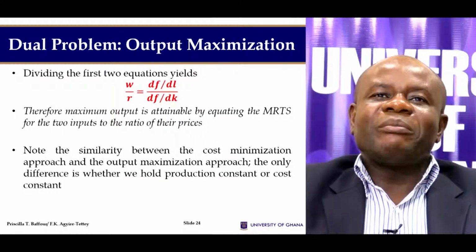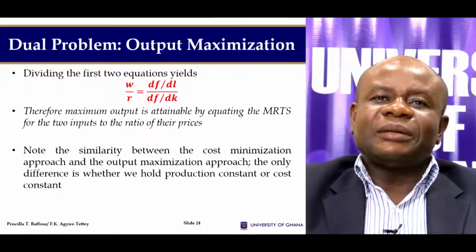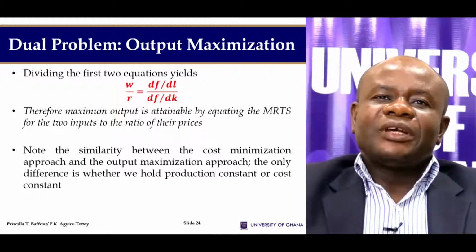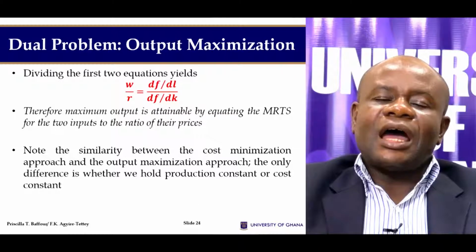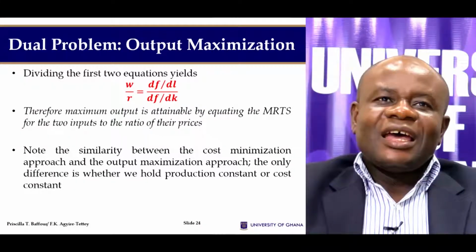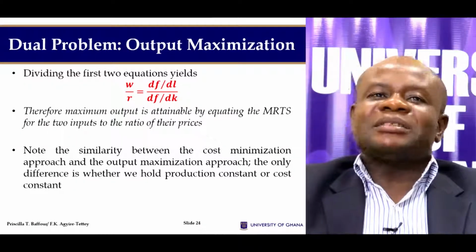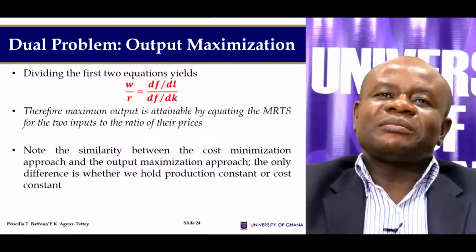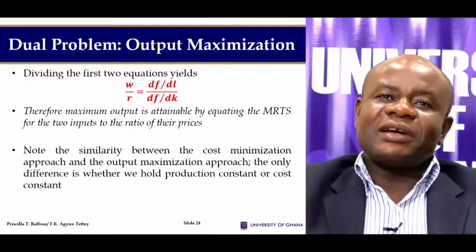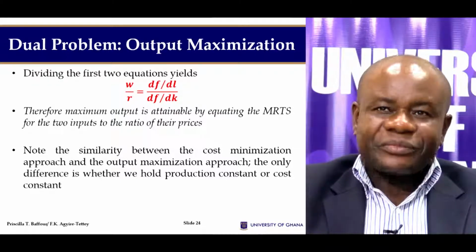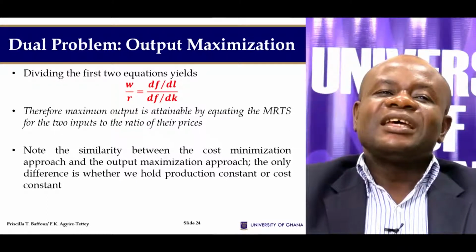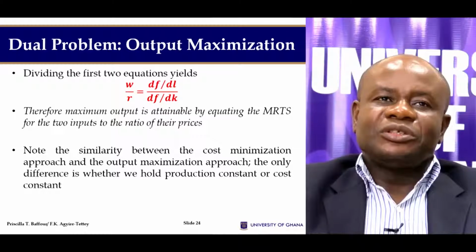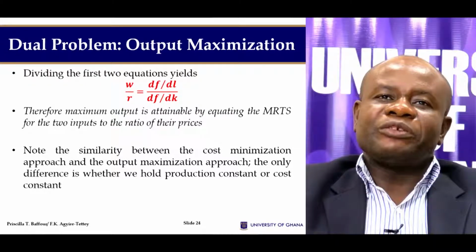And in so doing, we maximize our output subject to our cost. Therefore, for the firm to maximize its output, it will do so by equating the marginal rate of substitution to the price ratio of the two inputs.